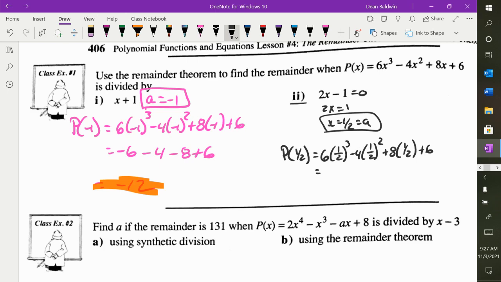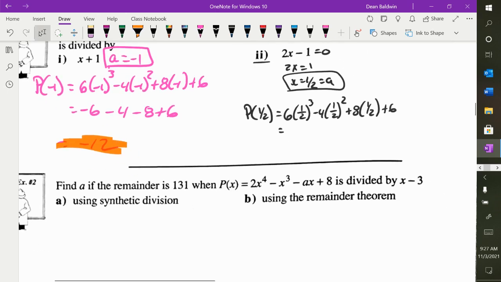What is 1/2 to the power of 3? 1/8. 1/2 to the power of 2 is 1/4. And 8 times 1/2 is 4.